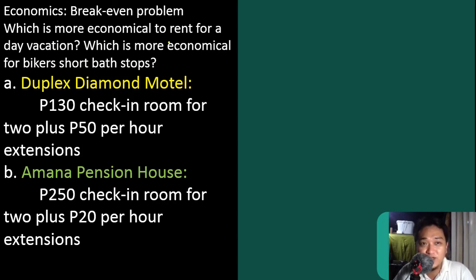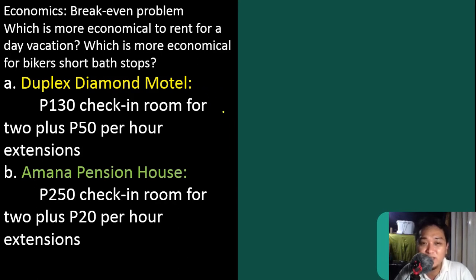Which is more economical to rent for a day vacation? And which among these two motels or pension house is more economical for bikers' short bath stops? Paliwanag natin na mabuti kung tungkol saan yung problem.